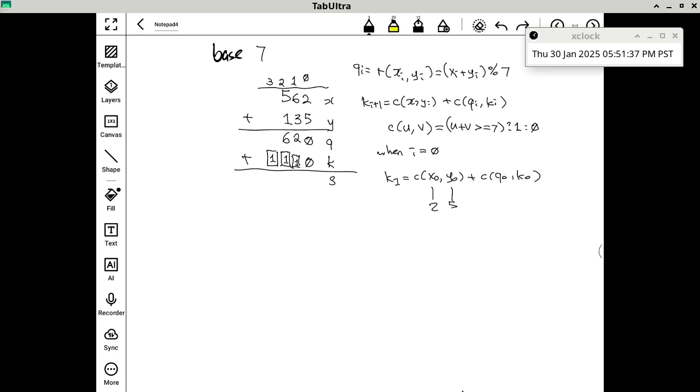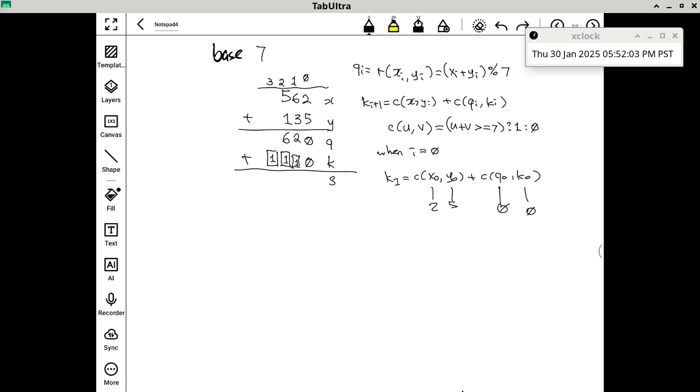What is q0? Because by the time we try to calculate k1, q0 is known already. What is q0? And what is k0? And what is c of 2 and 5? No. What is c of 2, 5?